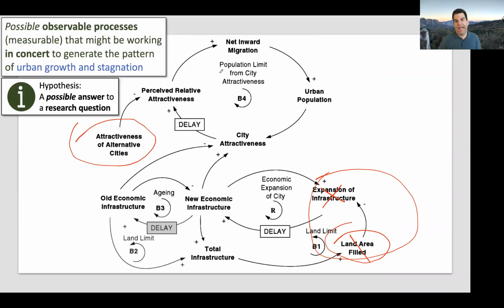You would then have to show that your model, where you could hopefully justify every single link logically, also produces growth and stagnation, except when you dump more money into worker housing, then the growth continues. But Forrester claims that he couldn't find such a model, and that this was the only model he found that was a good surrogate for a real city. So does that answer your question?